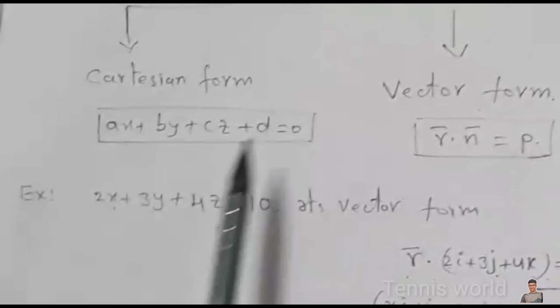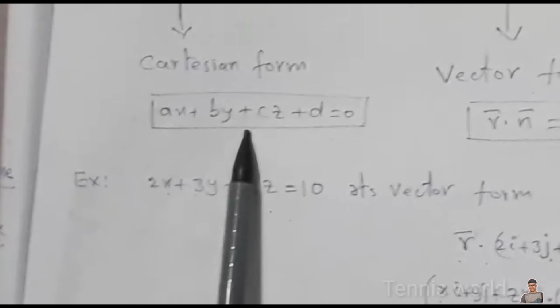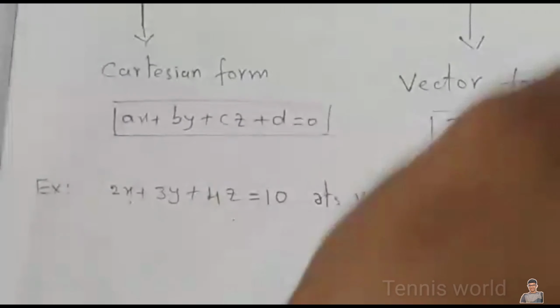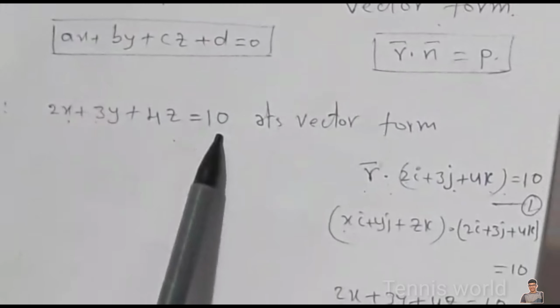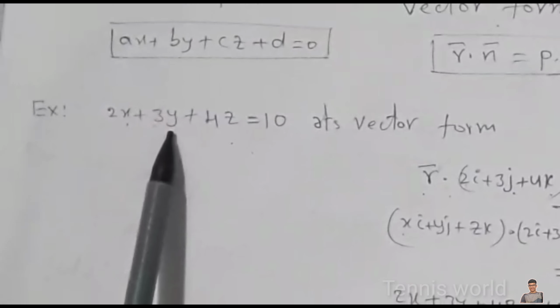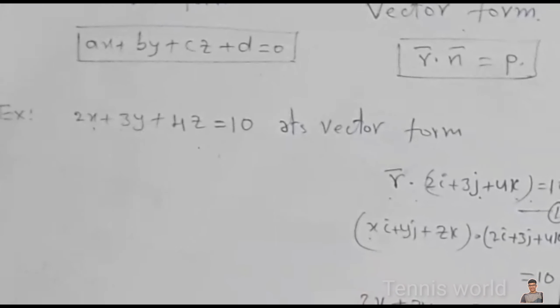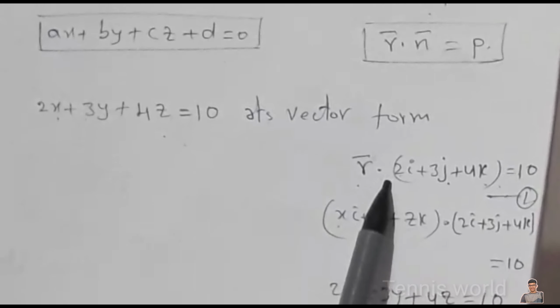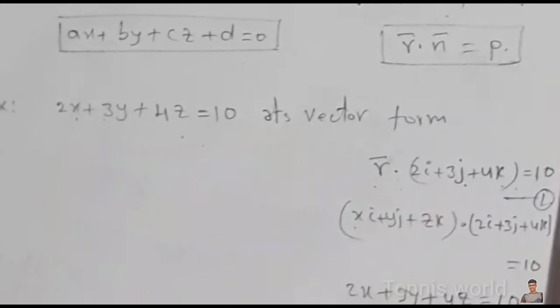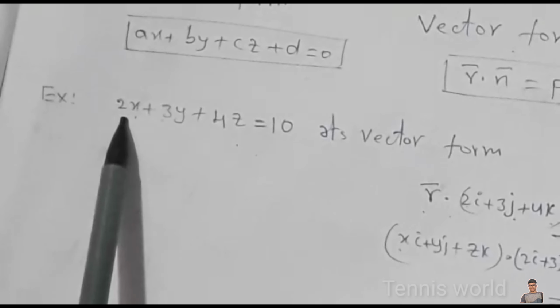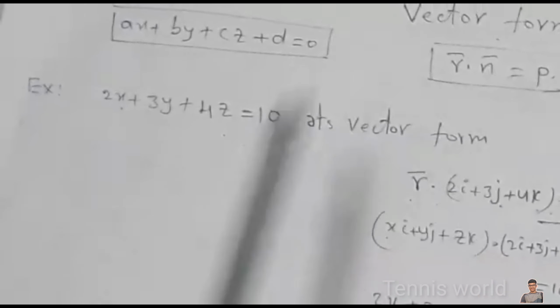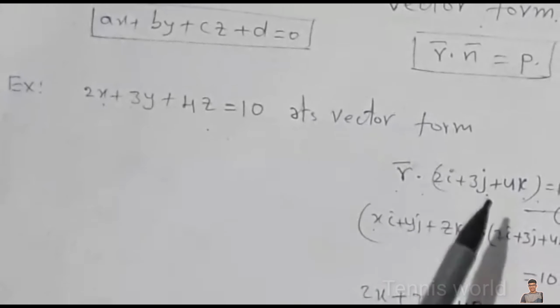When the Cartesian form of the plane is given, how to convert it into the vector form, that I am going to explain. Suppose I am taking the Cartesian form of the plane. First you write r bar dot, blindly. In step number 1 you write r bar dot, which is the common step. Then you copy this step as usual, but in place of x, y, z, take i, j, k.